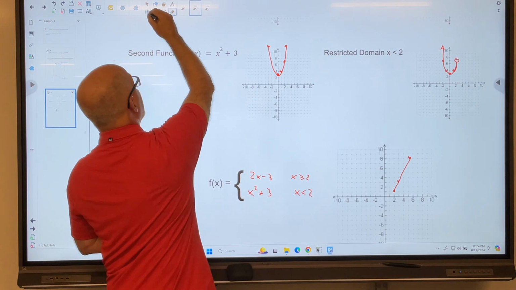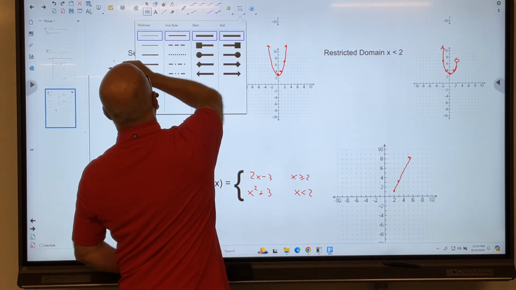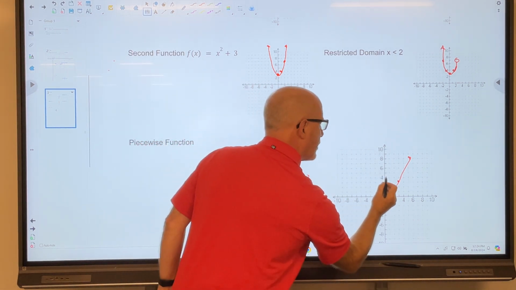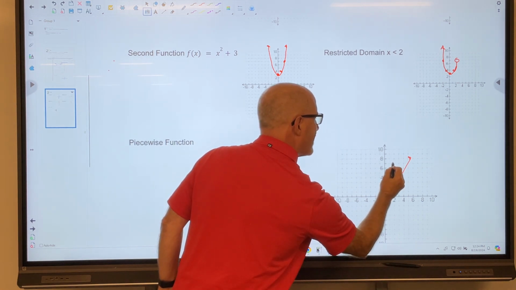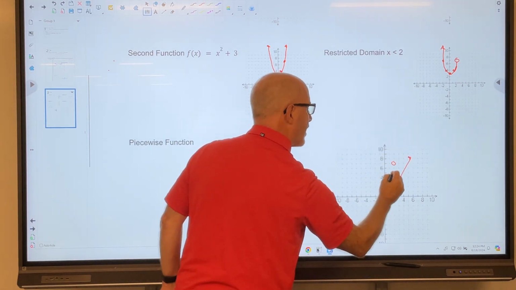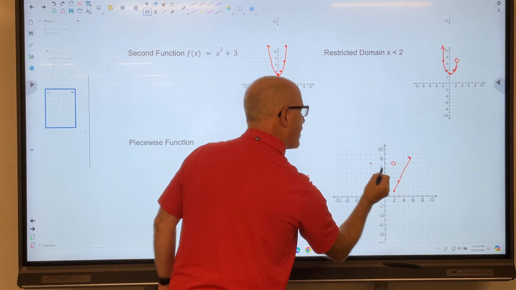And then I'll do the same thing with this one. I'll start it at 3 here for my typical graph. I'll go up to 4, and then I'll go up to 7 here when I get to 2, but I'll do an open dot like I did there, and then do the same thing on the other side, but I'll keep it going.